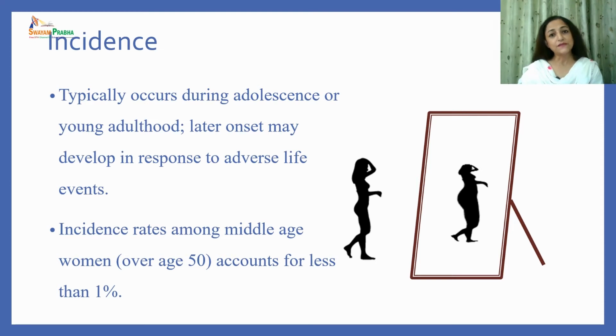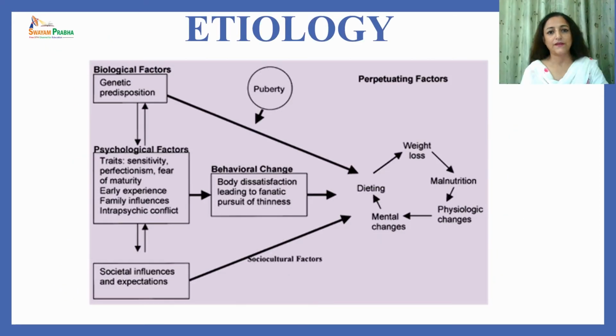This problem is more prevalent in developed countries and it is less in the developing countries. The exact cause of eating disorders is not known. It is multifactorial in origin, in which the personality of the patient, family relationship, socio-cultural factors, along with some genetic factors, could interact and play some role.